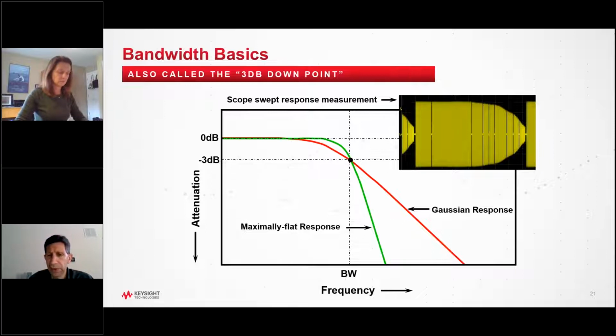A Gaussian gives you a little bit more juice, if you will, beyond the specified bandwidth of the instrument. With our Infiniium higher performance scopes, they're typically geared for maximally flat response, where the benchtop ones are Gaussian. But the Infiniium line will let you go in and select, and you can switch between the two and compare your signal characteristics.